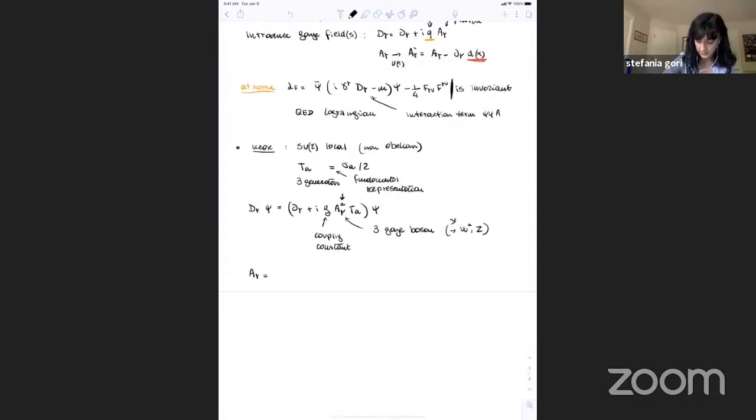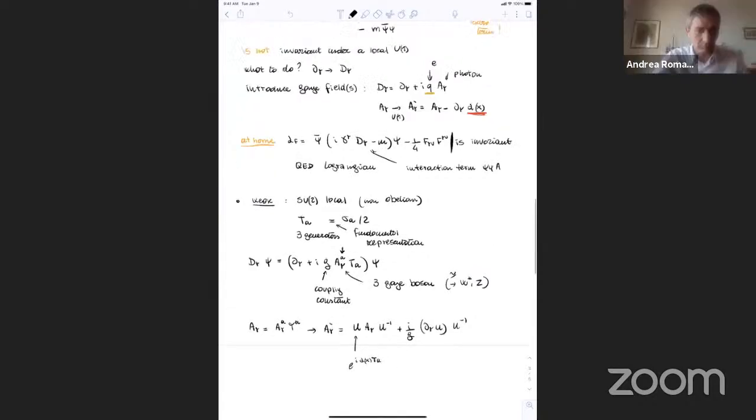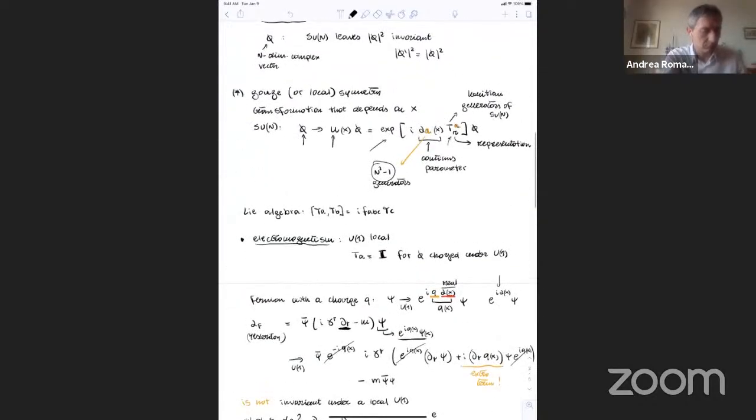So let me define W mu as W mu A T^A, this combination, and this transforms as U W mu U to the minus 1 plus i over g derivative U to the minus 1, where U was the thing that we were defining above, namely this thing here. Let's go just a second above. So this was the U transformation.